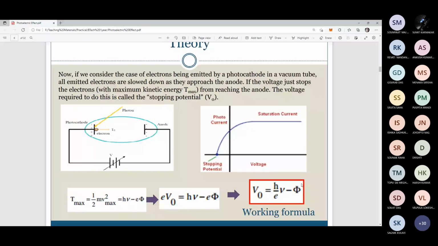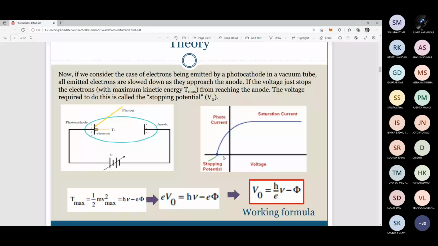Now, this can be considered as y equals m x plus c, where m is h by e and c is this. Then, if we apply voltage, we can express the energy in terms of eV, that is the voltage.